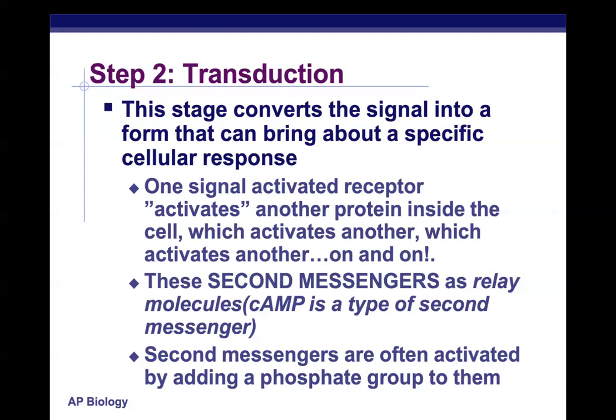Now, second messengers, these proteins that carry the signal on inside of the cell, are usually existing inside of the cell constantly, but they aren't continually carrying on the signal because they can only carry on a specific signal when they're activated. And usually they are activated when they are phosphorylated, or when a phosphate is added to them.